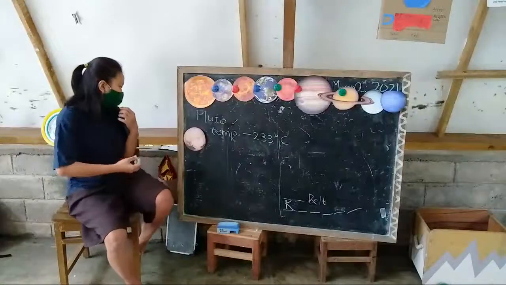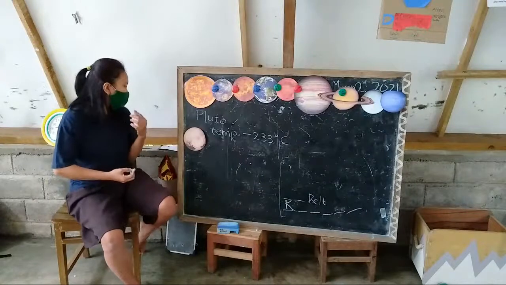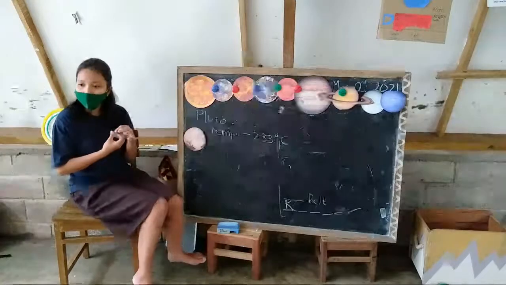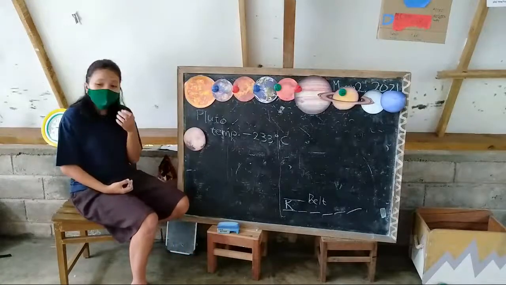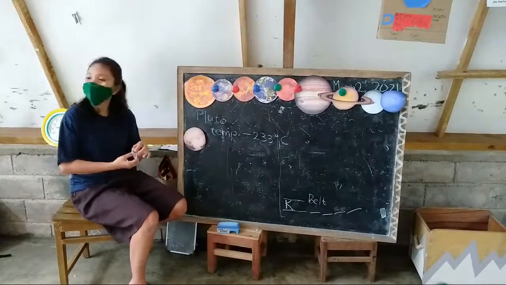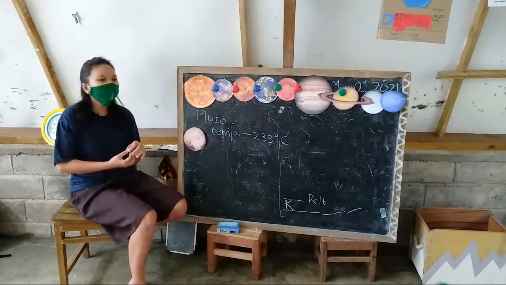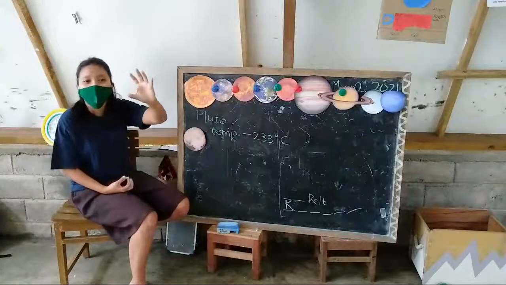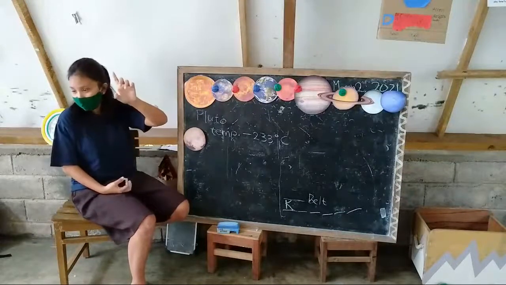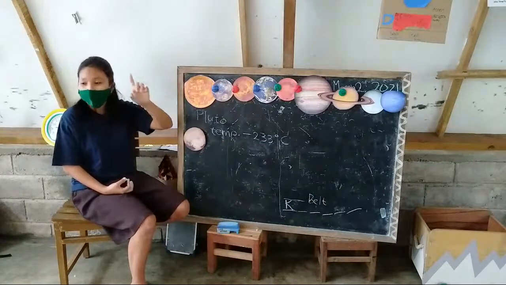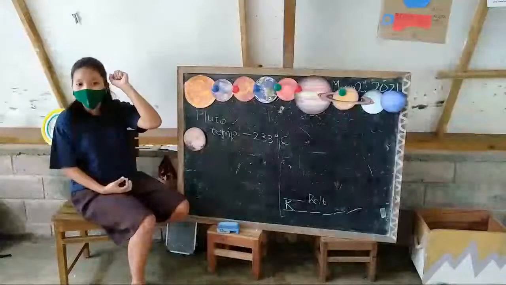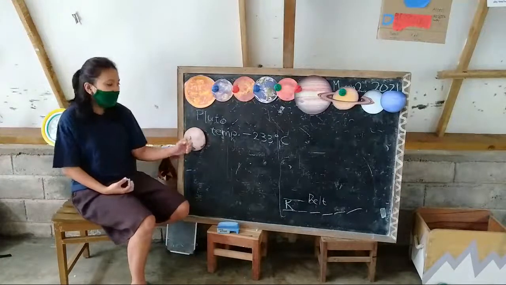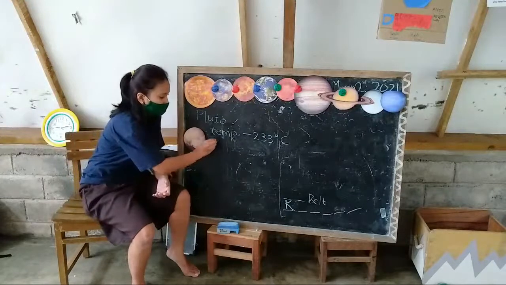And then, what about the moon? Does Pluto have a moon? Earth has a moon. Does Pluto have a moon? Moon is an object that orbits a planet. Does Earth have a moon? Yes. But Earth only has one moon, right? But then Pluto has 5 moons.